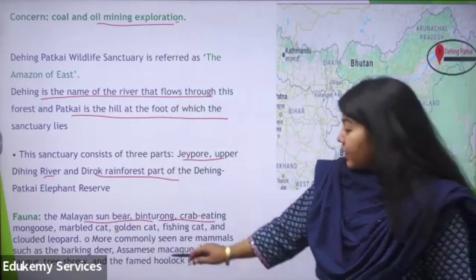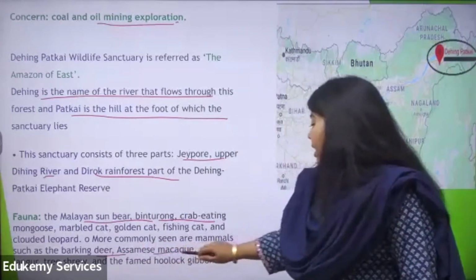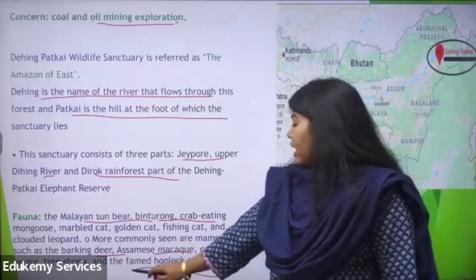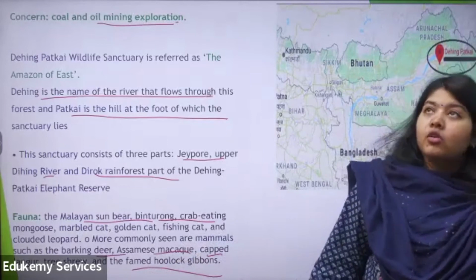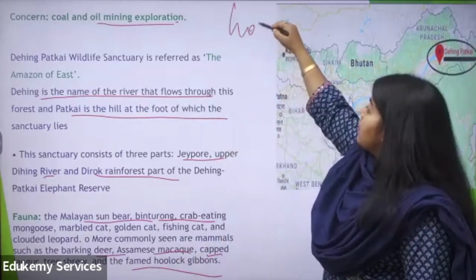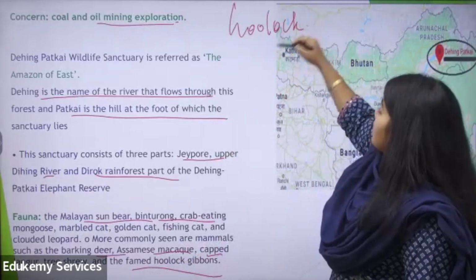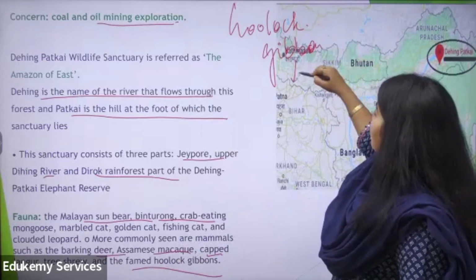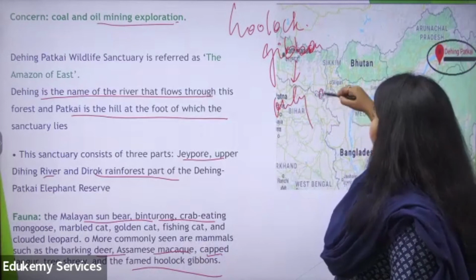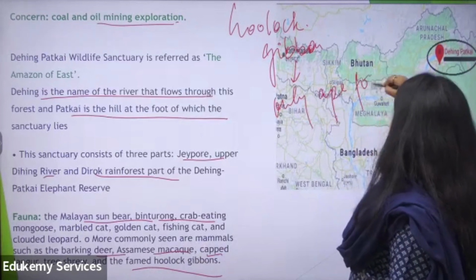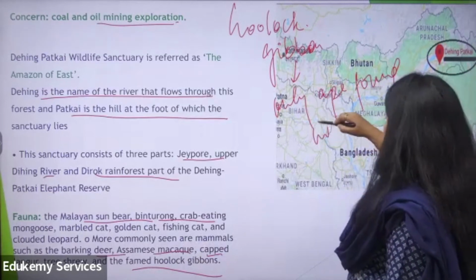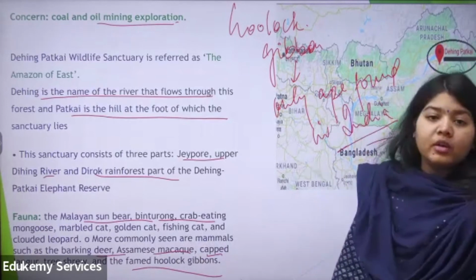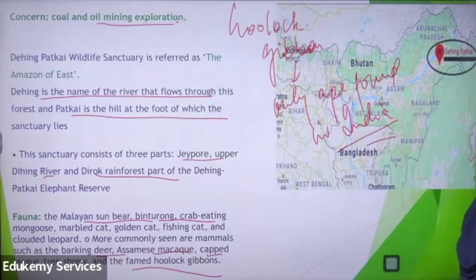Then you have barking deer, Assamese macaque, capped langur, tree shrew, and the hoolock gibbon. Hoolock gibbon is the only ape found in India.